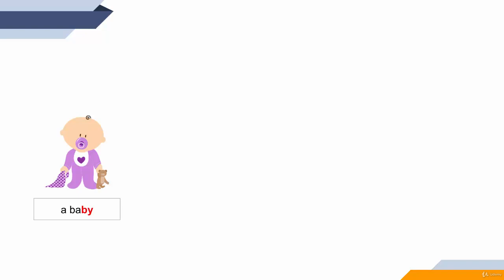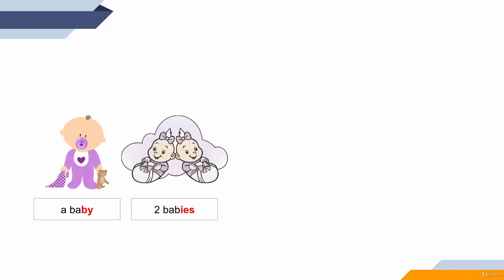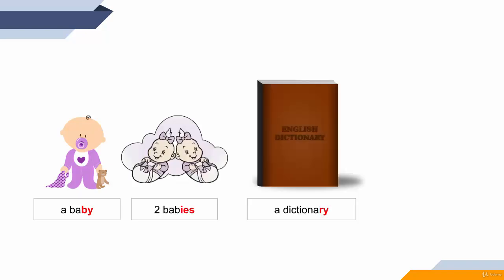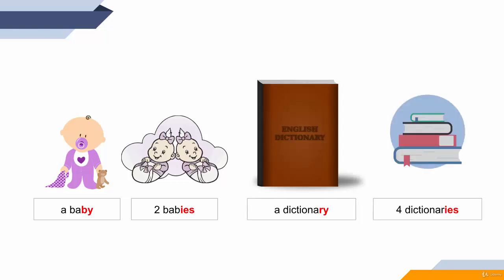Another example. A baby, two babies. A dictionary, four dictionaries. Okay, you don't know the rule, but what do you notice? Pay attention to the letters in red. Baby, babies, ies. So there is something that changes, and it is changed in the way you write the plural form.